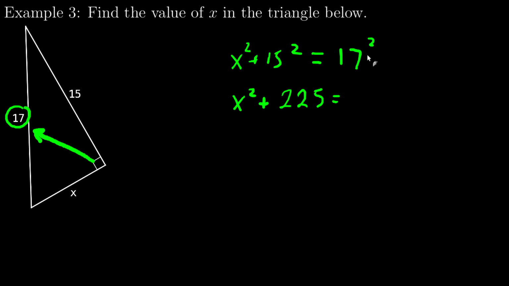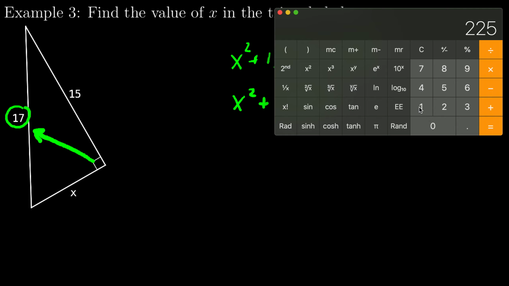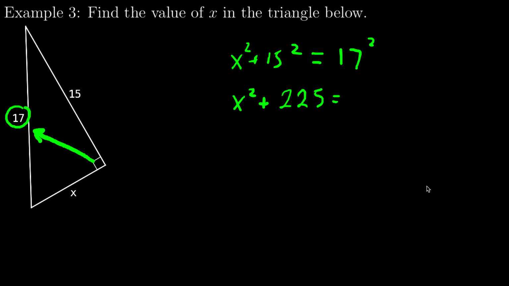Similar issue for 17 squared, you may know, I believe 289, but I can check. 17 times 17, 289. And now, since x squared isn't on the side by itself, I need to do a little bit more algebra. I need to actually subtract the 225 from both sides.